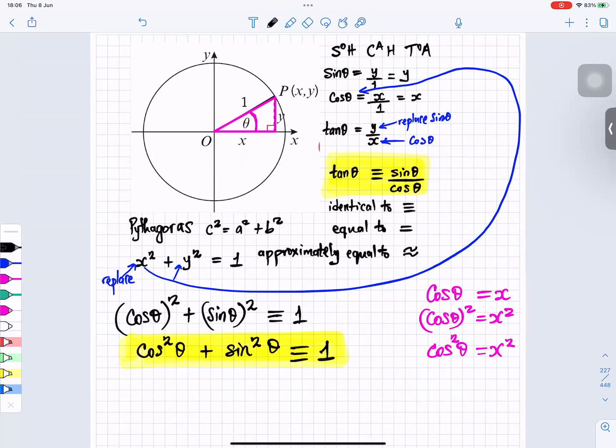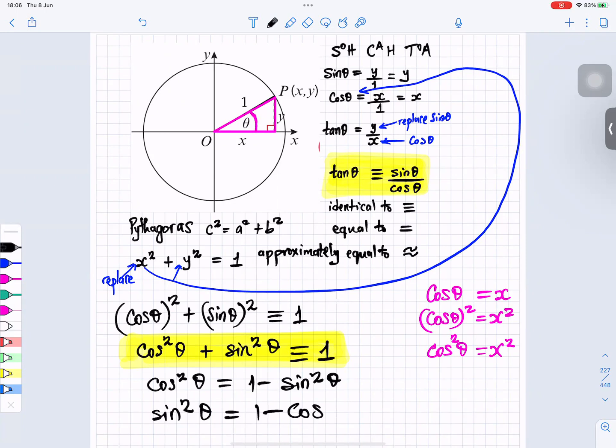Now, we can rearrange this to get cos squared theta. Cos squared theta is equal to 1 minus sine squared theta. Does that make sense? Yes. And sine squared theta is 1 minus cos squared theta. And from this, we can also write cos theta is square root of 1 minus sine squared theta.